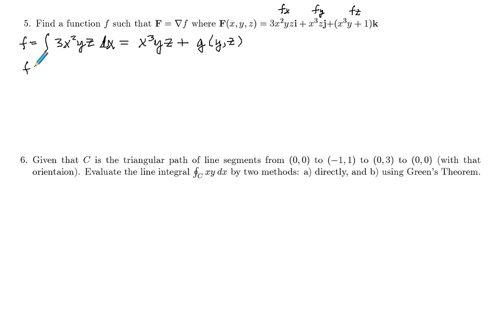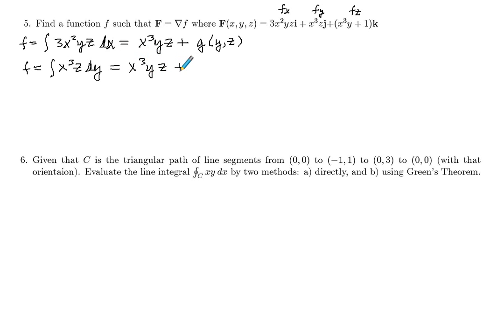And then an equivalent expression for f is to integrate f sub y to get back to f. So we could do the y integral of x cubed z. These are all constant with respect to y, so you integrate a constant, you get a constant times y. So this is also x cubed yz.